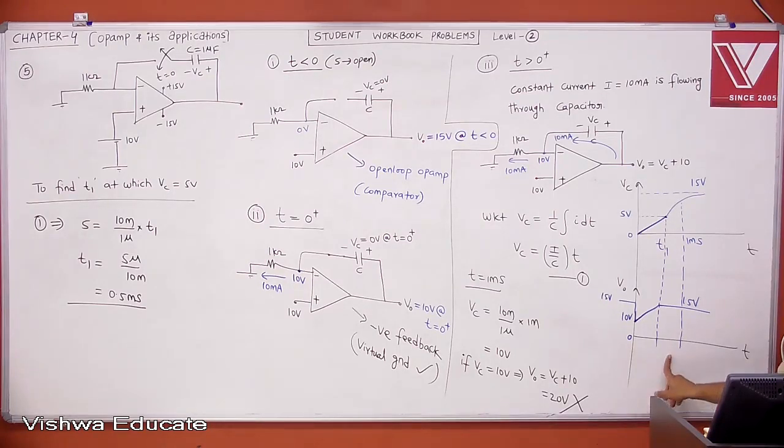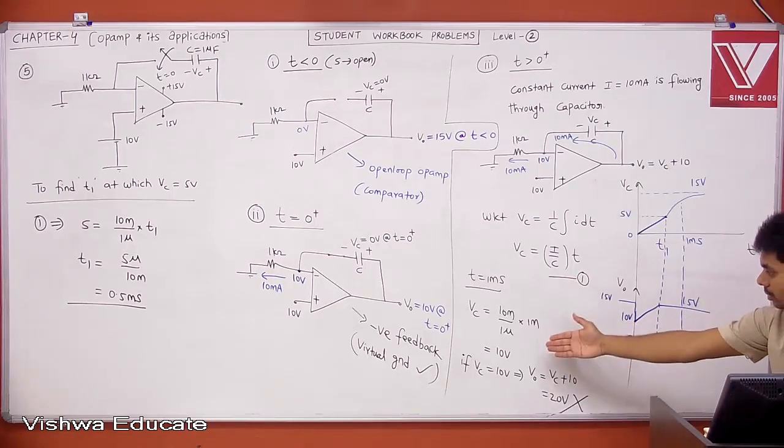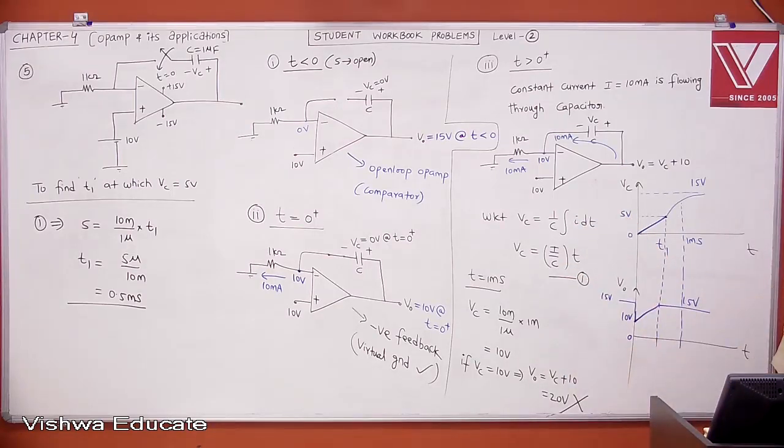The timing diagrams are important. Once your op-amp output reaches 15, it stays at 15 because it cannot go beyond 15. But if you use this formula directly, you'll get 20, which is not correct. Then if you substitute this, you may get 10, but 10 is also there. Options are there, right?